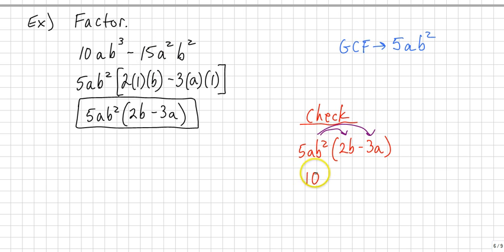So 5 times 2 is 10, a times 1 is a, b squared times b is b cubed, 5 times negative 3 is negative 15, a times a is a squared, b squared times 1 is b squared. And that's exactly what we started with. So just multiply it back in and make sure you get what you started with.